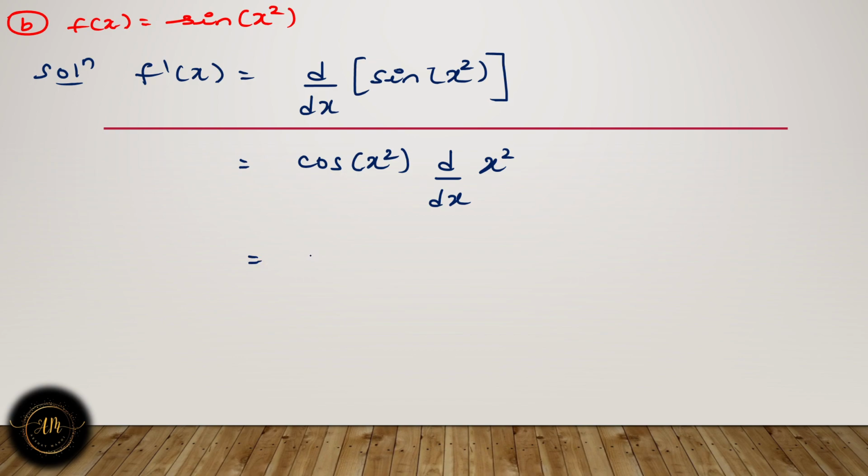It is nothing but cos x square into 2x. We can write this in this form, 2x cos x square. This is nothing but f dash x. Clear?